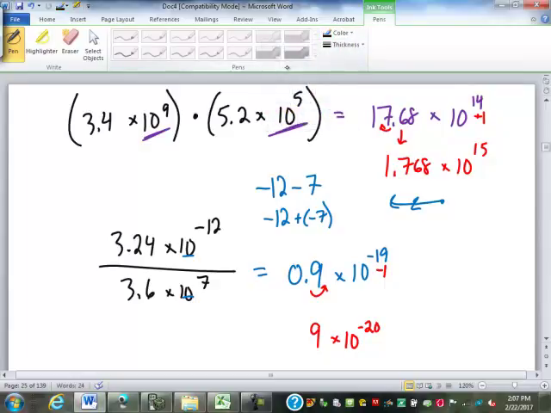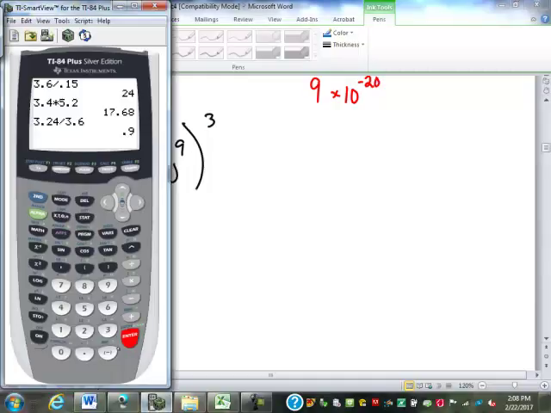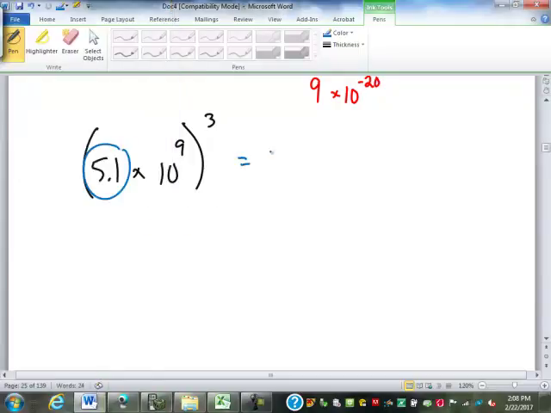We really seem to struggle on the powers and the roots. So let's say we have 5.1 times 10 to the 9th to the power of 3. Now, just like we did with our variables, we have to take the number to a power. So 5.1 to the third power is 132.651.